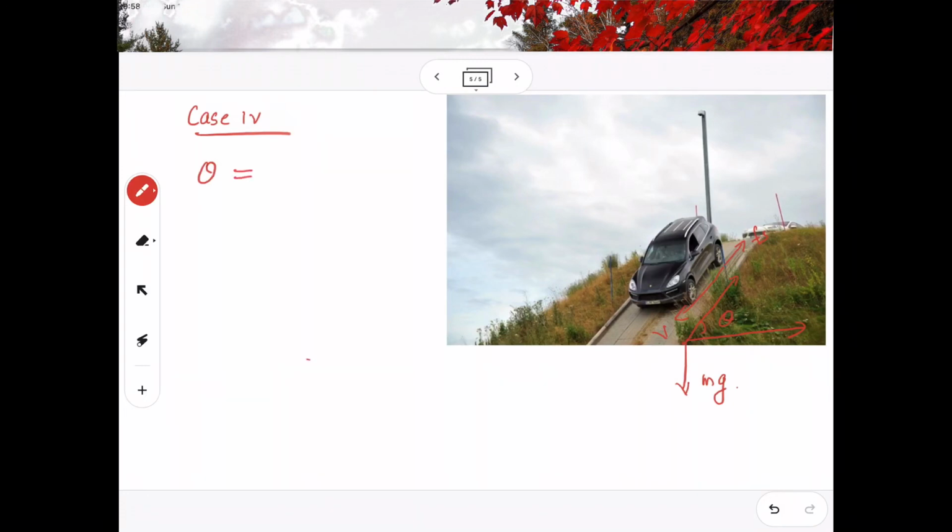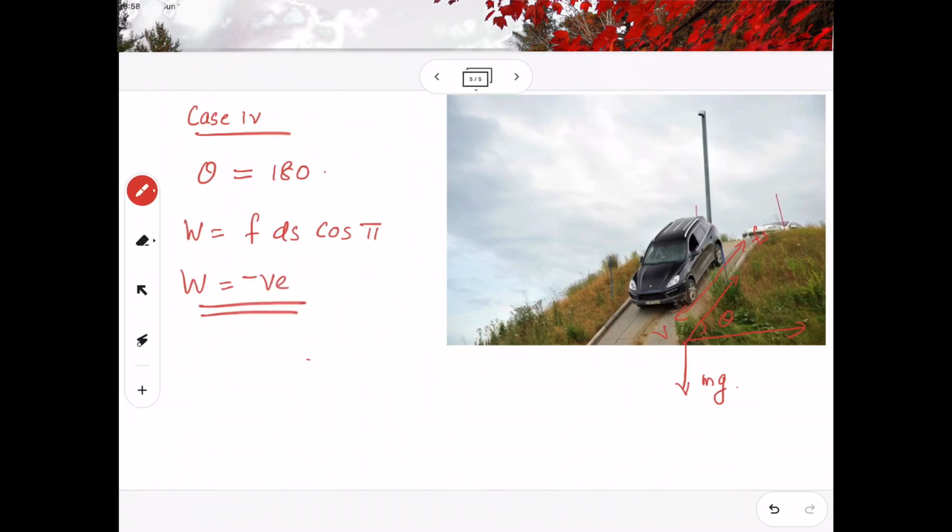So in this case, what will happen? I am taking a general case, theta is equal to 180 degrees. So here work done W is equal to F d s cos 180. So cos 180 will be minus 1. So here W will be a negative value.